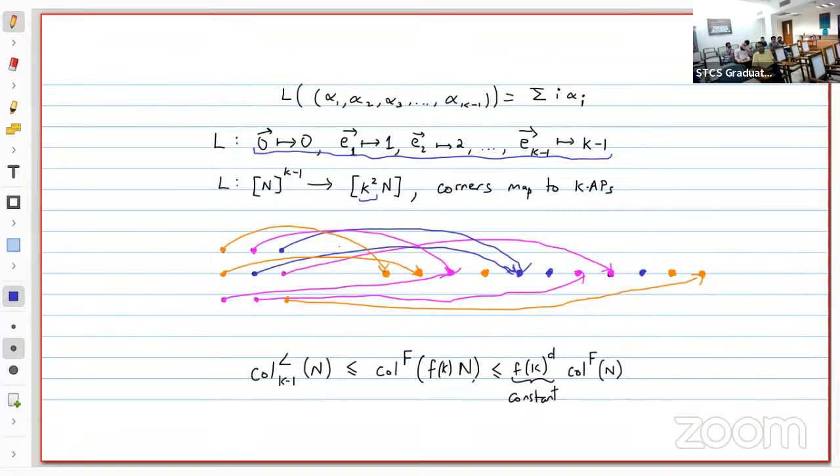To get from a combinatorial line to an arithmetic progression, you do this kind of linear transformation that you were showing. So what is the connection between combinatorial lines and these corners?